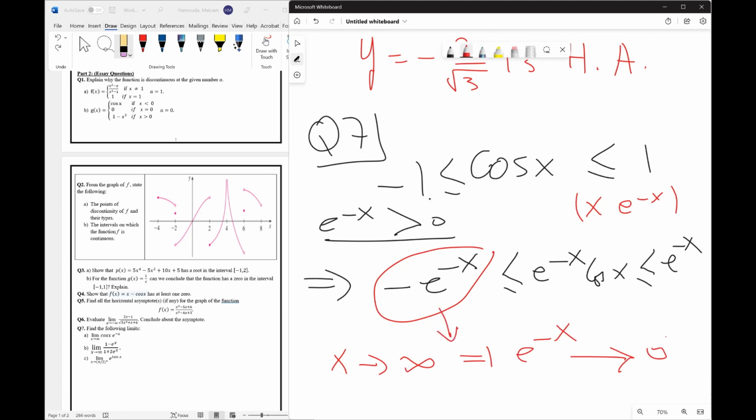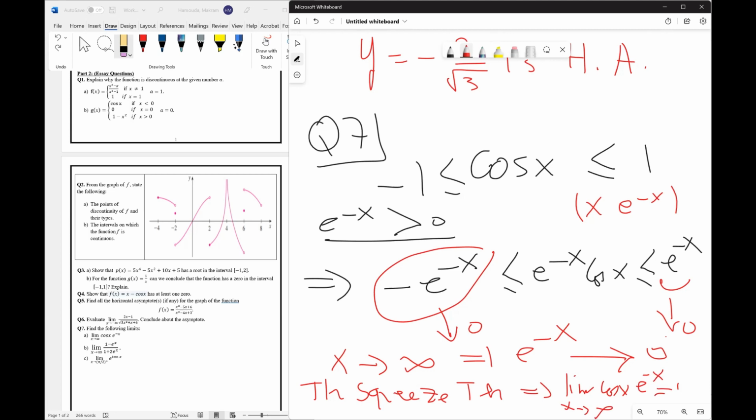So this will go to zero, and this one also will go to zero, so by the squeeze theorem, the limit of this function cosine x times exponential minus x when x approaches infinity is equal to 0. And this is the last conclusion.